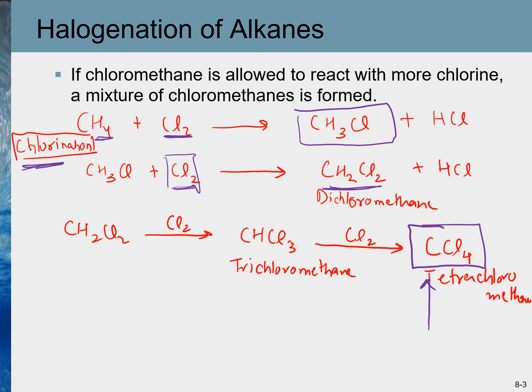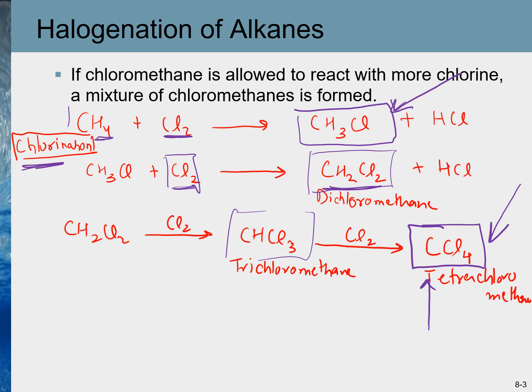In this chlorination reaction, it is possible to prepare a chloromethane as shown here by using 1:1 reactant composition, or we can prepare the tetrachloromethane. In that case, we have to use excess of chlorine. However, it is not possible to stop the reactions at the dichloro stage or trichloro stage.